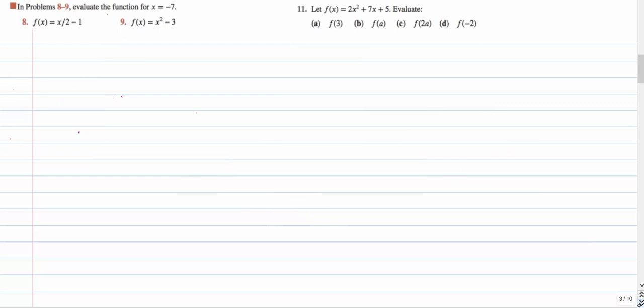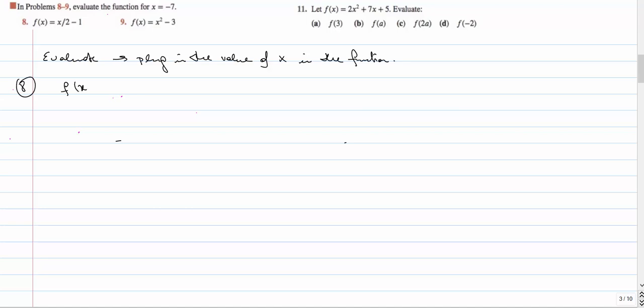For problem 8, evaluate the function. Evaluate means plug in the value of, in this problem, x, in the function.